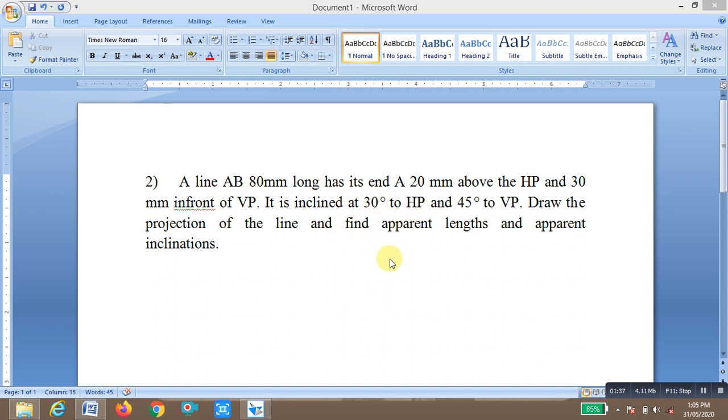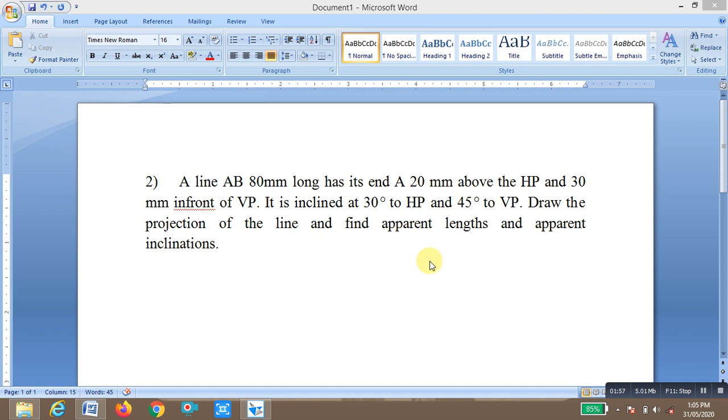So we have to place the line AB in such a way that it makes an angle of 30 degrees to the HP, which means we take it above the XY line at a height of 20 mm above HP. And 45 degrees to the VP means the line is placed below the XY line.